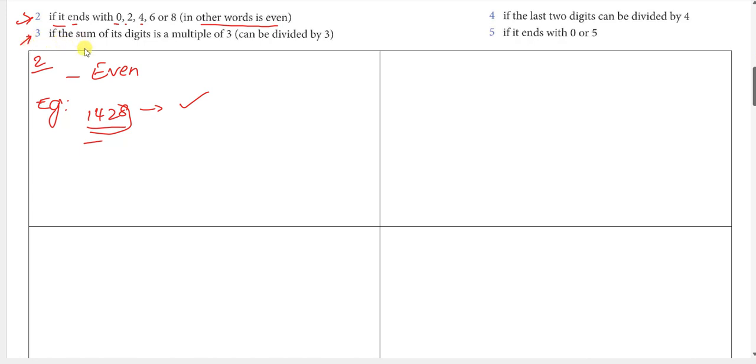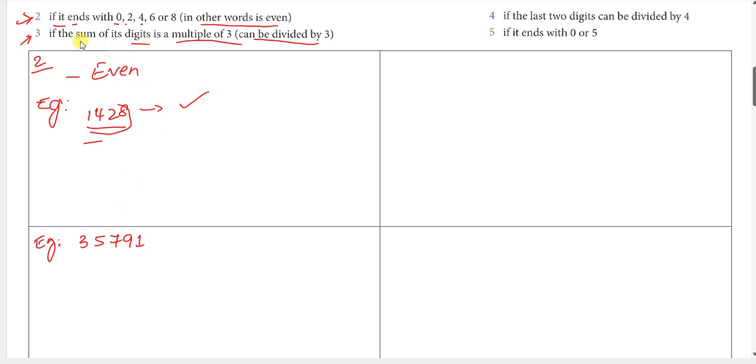3 says if the sum of its digits is a multiple of 3, then it can be divided by 3. Okay. So for example, we have a number 35791.